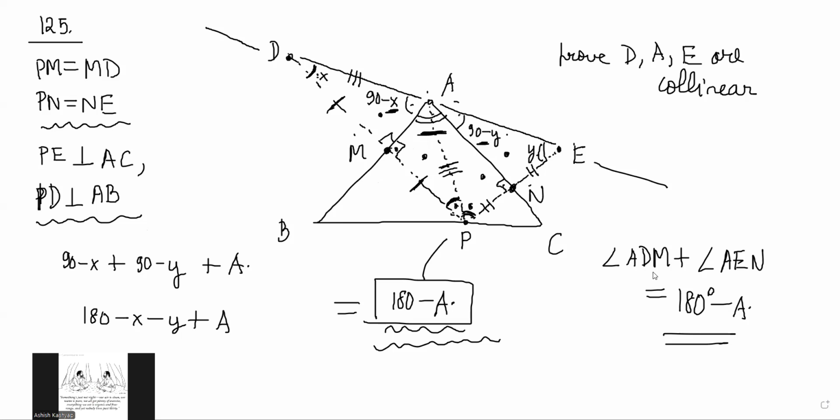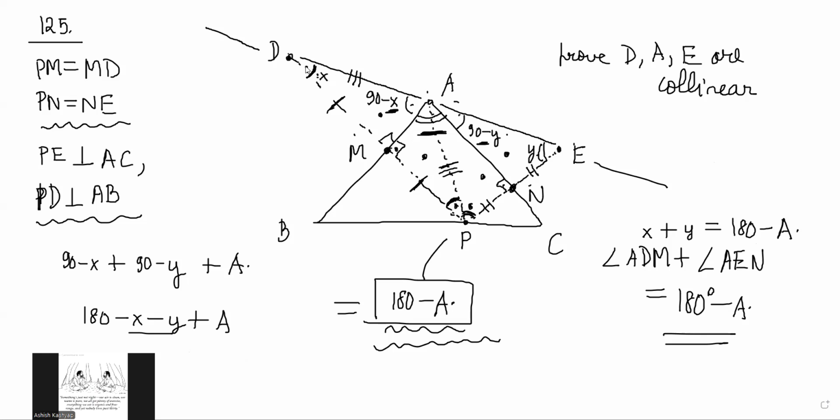And I already know that X plus Y is equal to 180 minus A, right? So basically, I know A plus X plus Y is 180. Maybe I made some mistake somewhere. I feel like I made a mistake somewhere. One second.